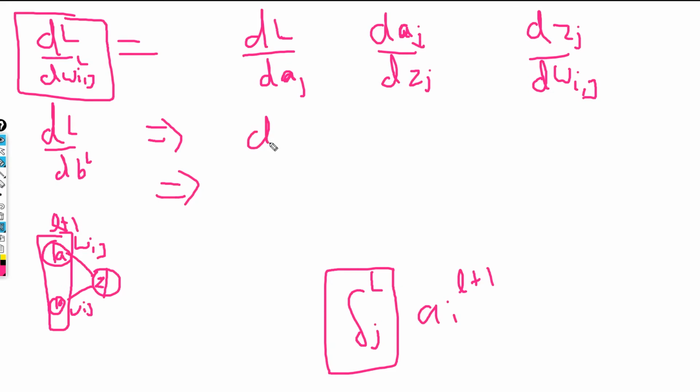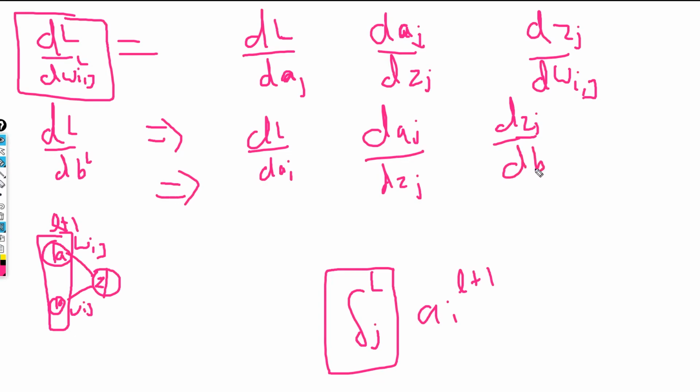So dL by daj, then it is going to be multiplied with daj by dzj, and then dzj is going to be dependent upon dbj basically. And this part is going to be nothing but 1.